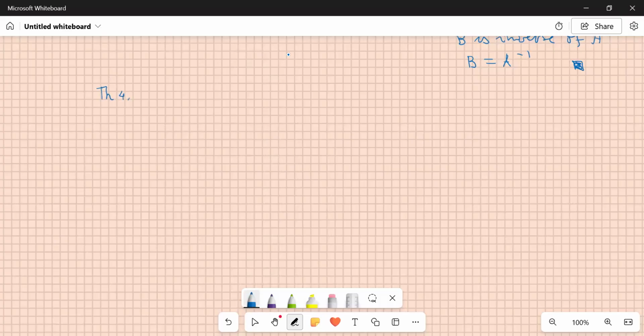Theorem 4 is going to tell us if the product of two matrices has an inverse, then B and A also have inverses.